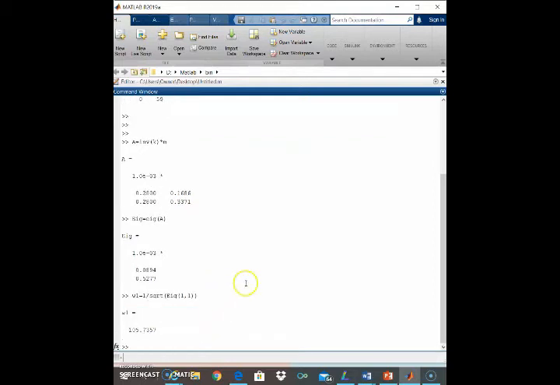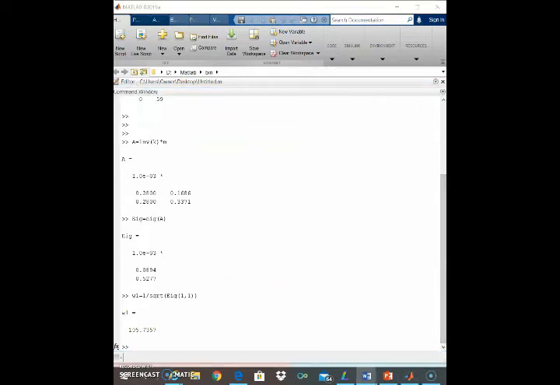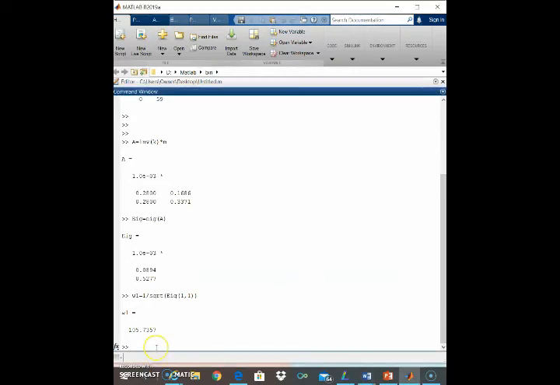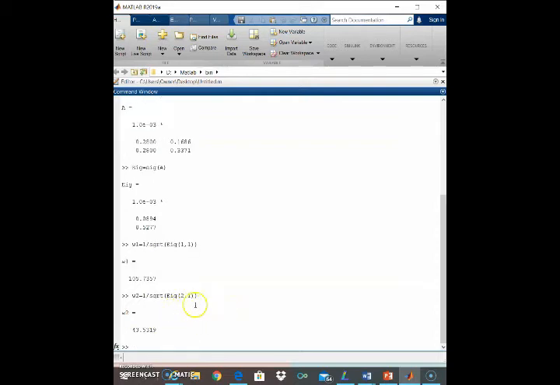Omega 1 equals 1 over the square root of eig(2,1), and omega 1 is actually the highest natural frequency, while omega 2 is 1 over the square root of eig(1,1), and this is the value of the lowest natural frequency.